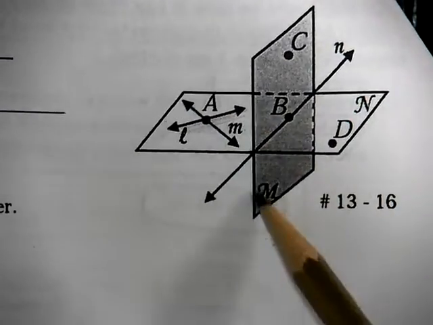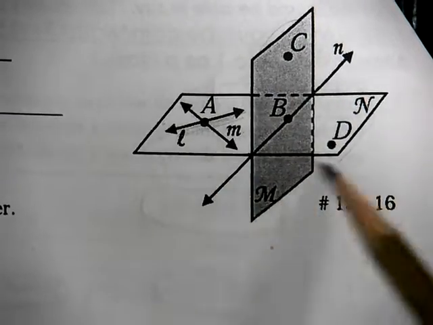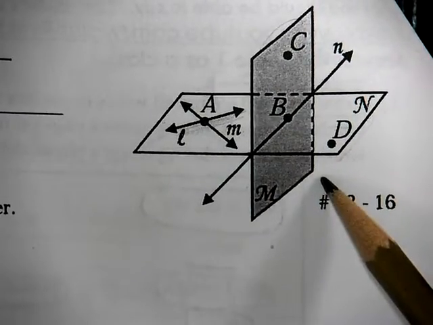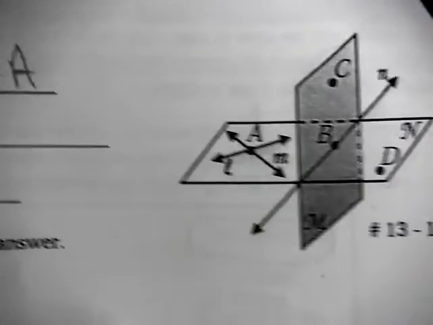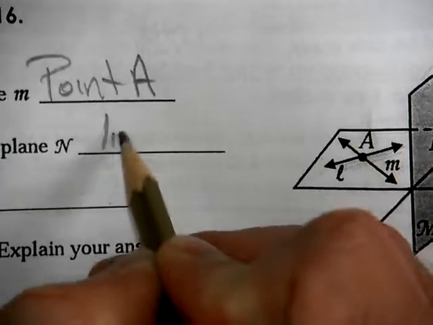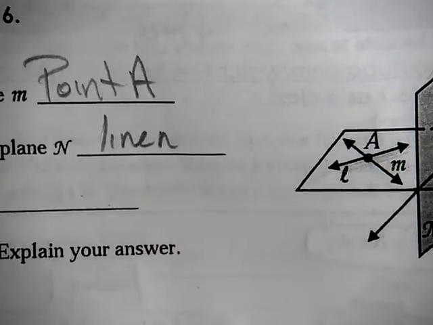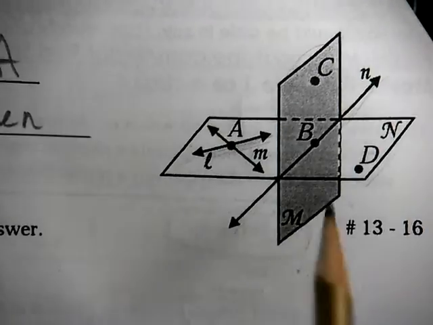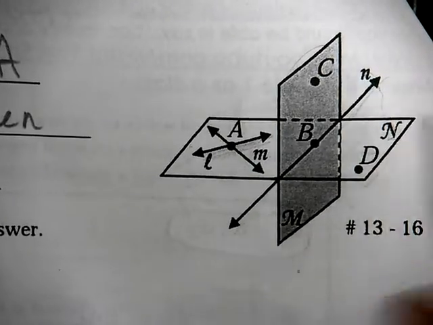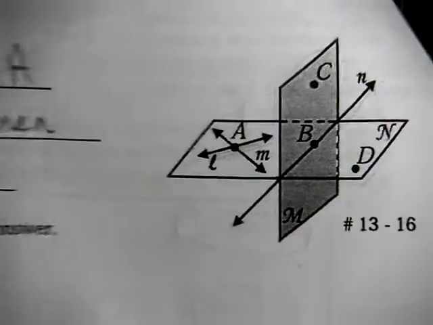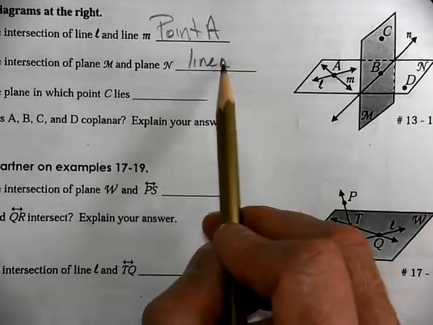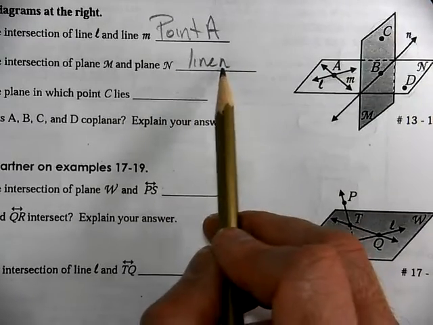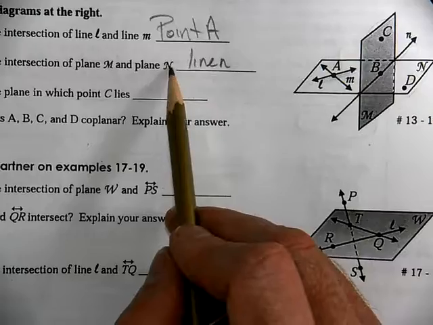We have N and M, the gray plane and the white plane. They're intersecting to form this line called line N. It's kind of confusing that they have a plane and a line with N, but that's okay. Neither one of those are points. This is the name of a line, this is the name of a plane.